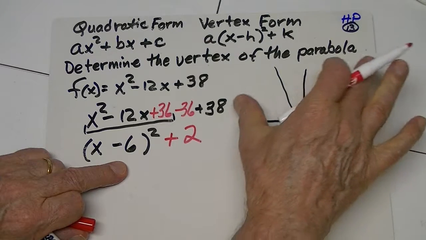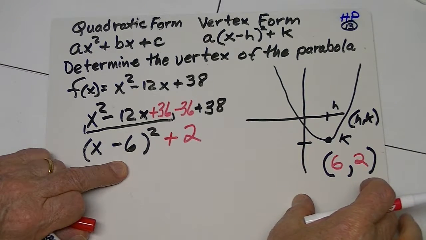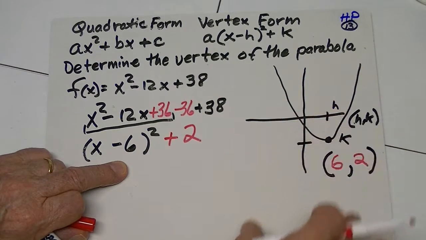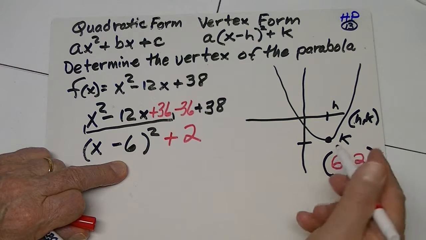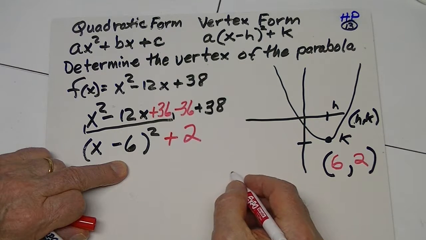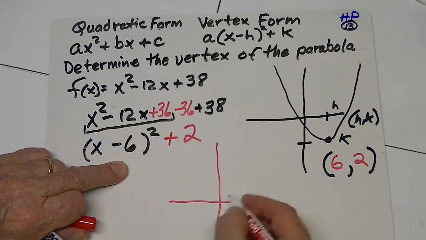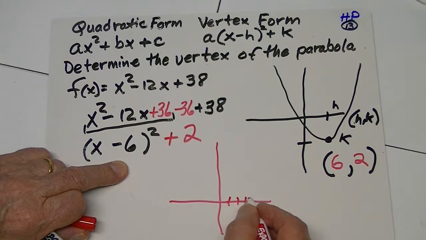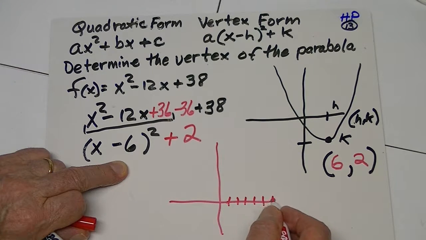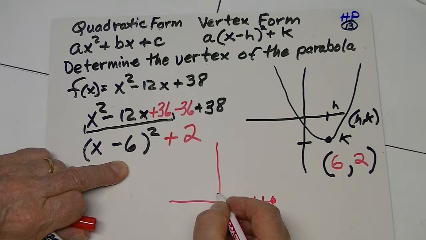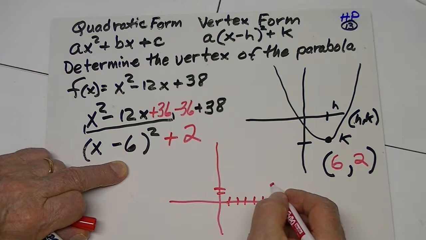So again, this is not the graph of this particular point. This is just to illustrate a parabola. So this parabola, if we were to sketch it in, would have a vertex at 6, 1, 2, 3, 4, 5, 6, and would have a y value of 2.